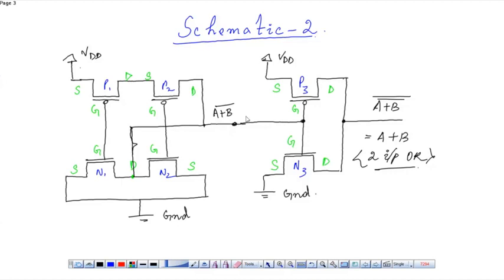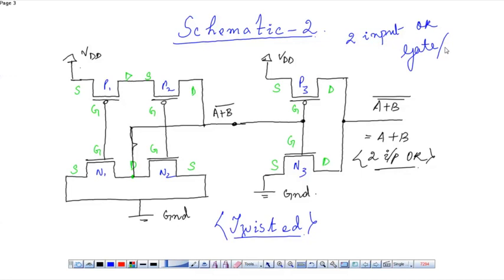Now we have to draw the layout according to this. So this is the twisted form. This is the twisted diagram for a 2-input OR gate.